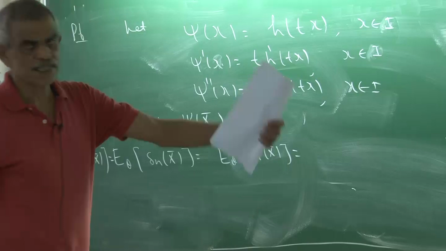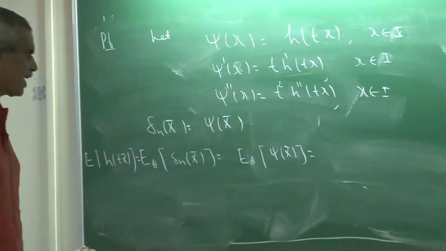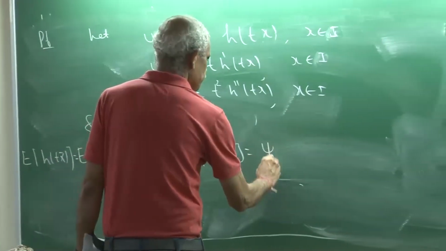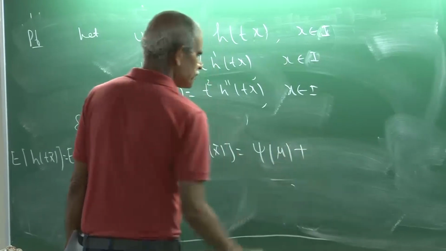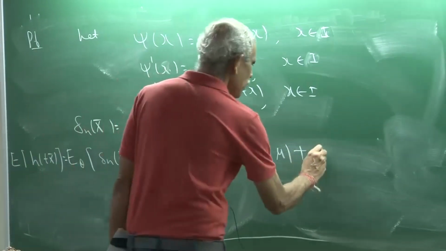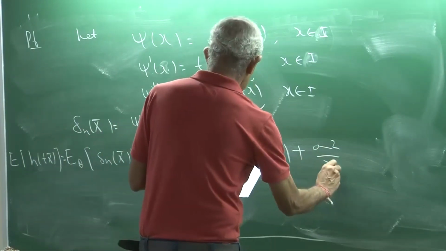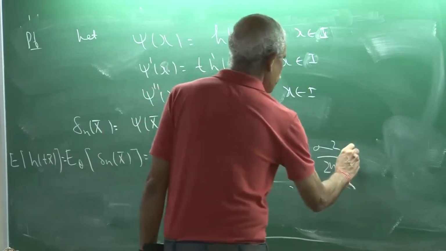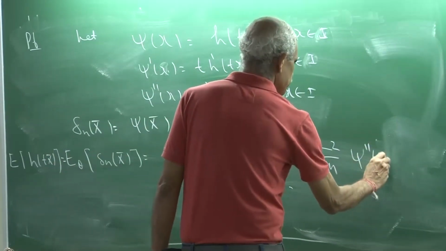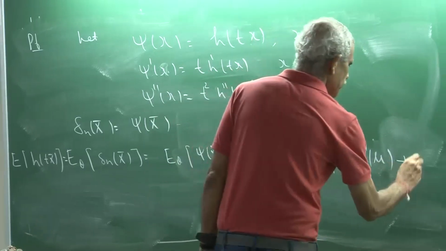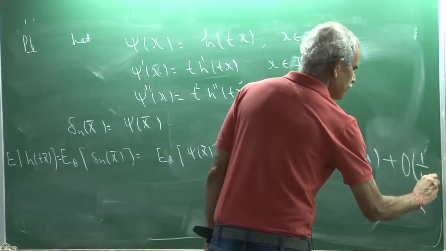Now, by the last result which we did, this is the same as psi of mu plus sigma square by 2n psi double prime mu plus big O 1 upon n square, right?